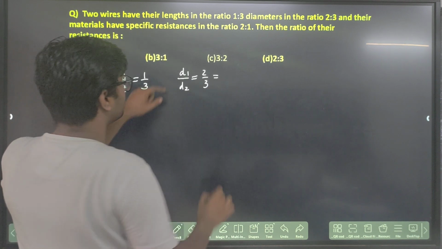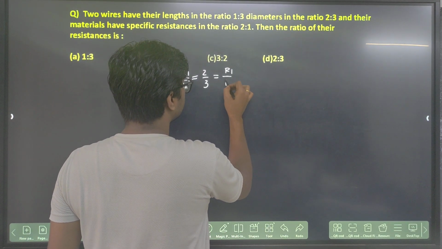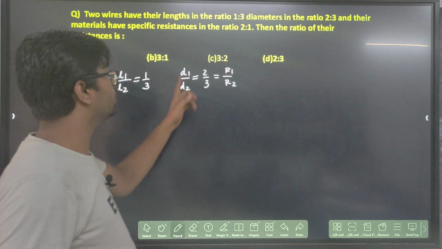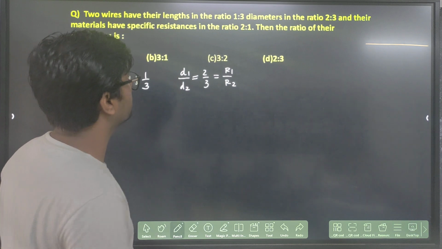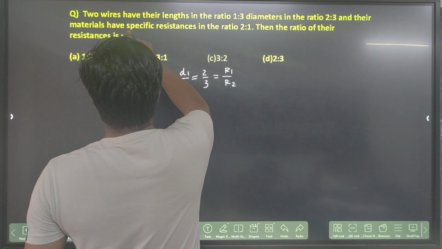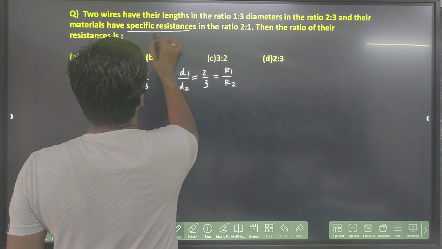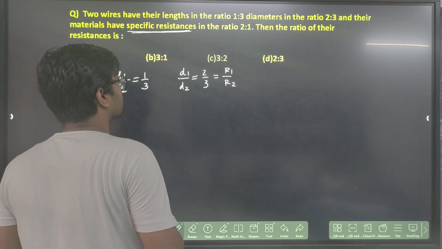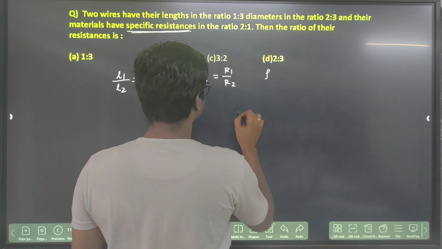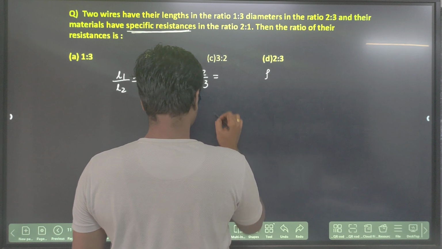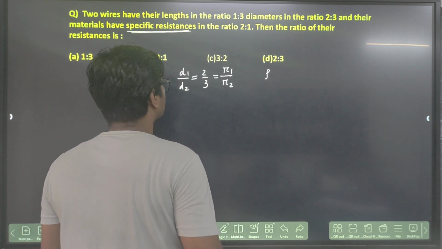If diameter is given as D1 by D2, I can simply write the radius ratio R1 by R2 the same, because diameter is 2 into R1, 2 into R2, and the 2 cancels. And their materials have specific resistances. See here, without giving resistivity, they have given specific resistance. So we can take it as small r, small r1, small r2, otherwise it will be confused with the resistance.